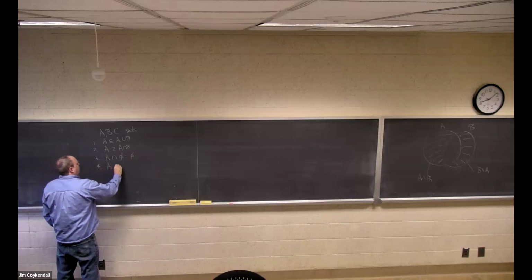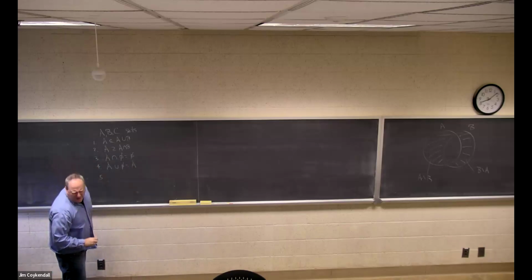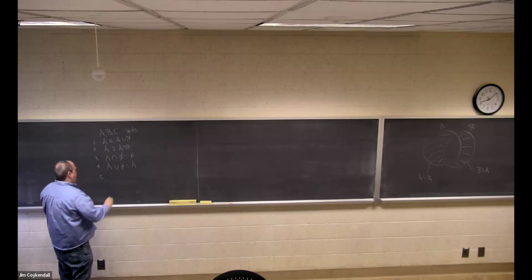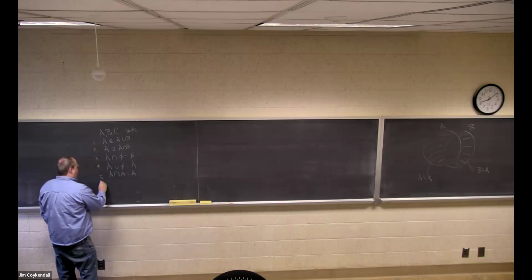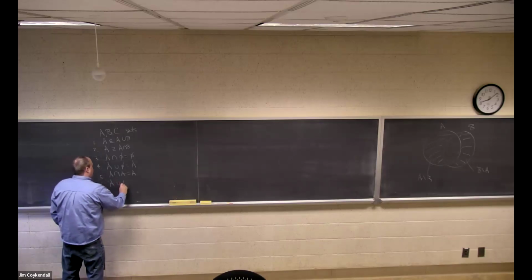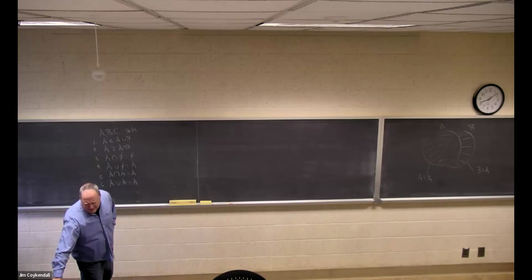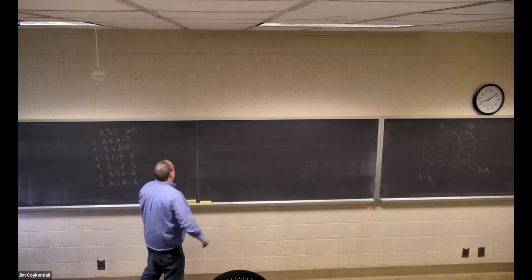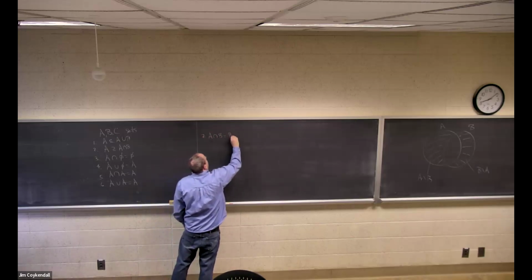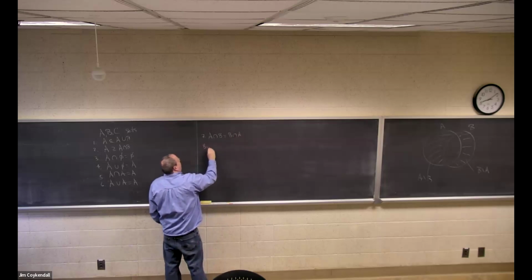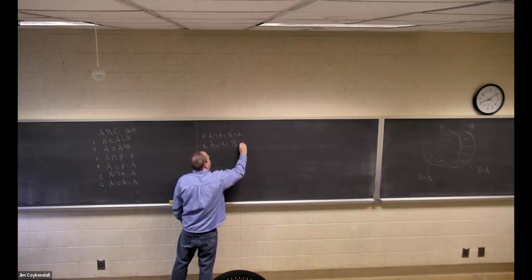Four, A union the empty set is all of A. We had A intersection with itself is A. We had A union itself is A. We had the order doesn't matter, that is, in either direction, A union B is B union A.